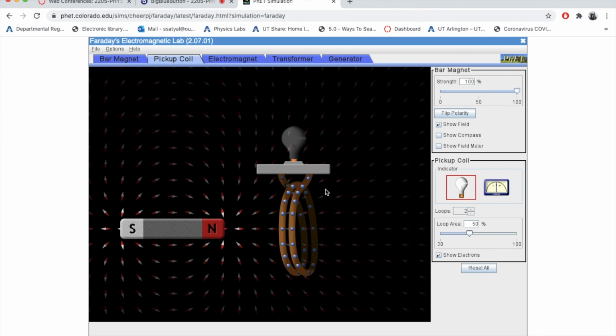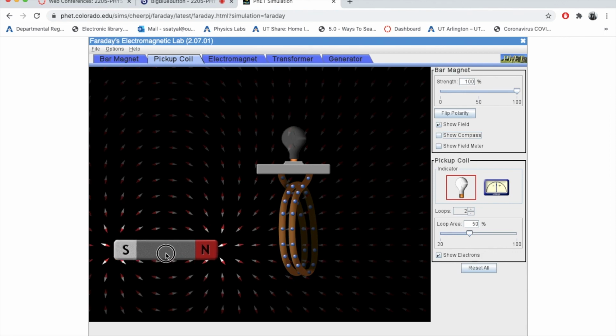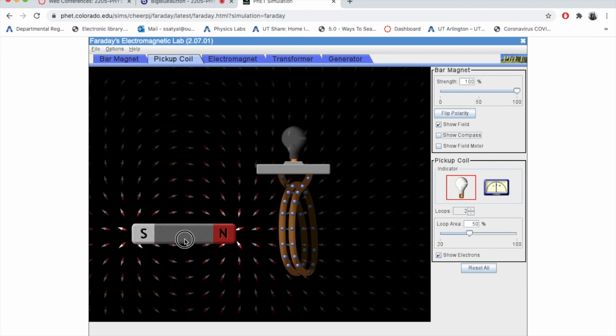Why not? I don't need to see the compass. So this is a permanent bar magnet, and as we learned in electromagnetic induction earlier, let's set the loops to just one loop, one wire, and so these are magnetic field lines denoted by these compasses.